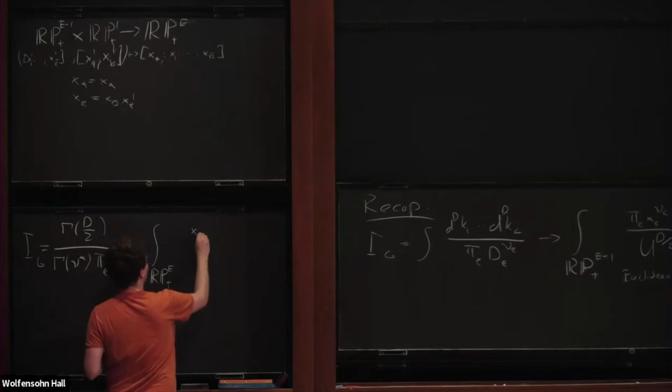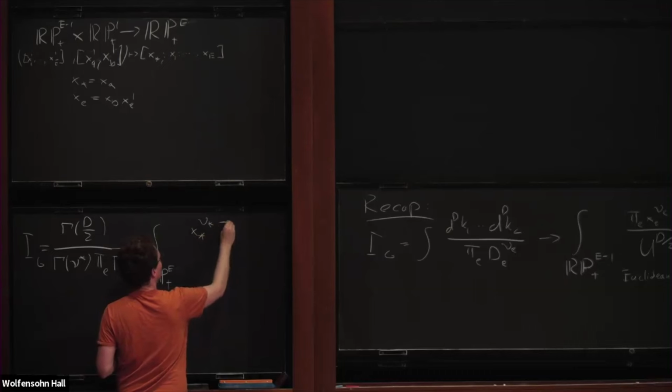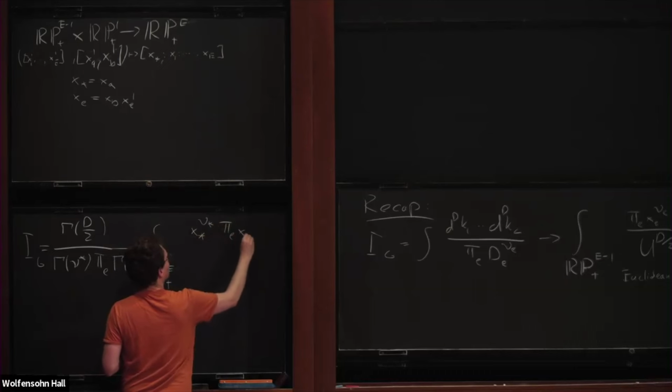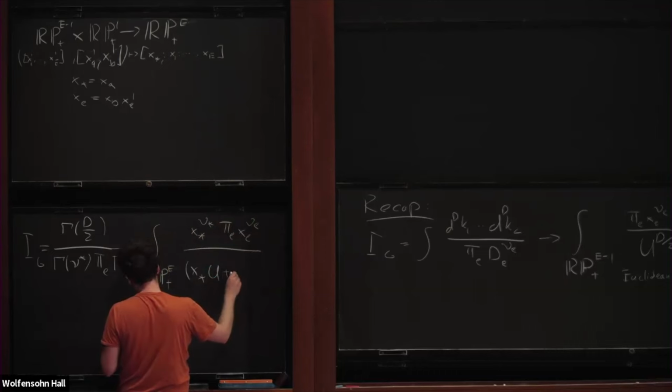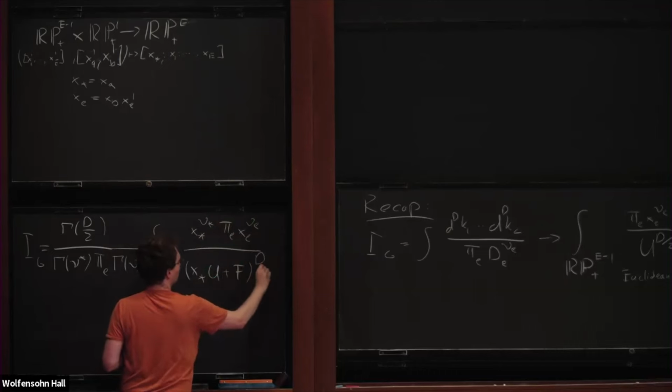And now we have only a single polynomial. This is the advantage in the denominator with this representation. And then the U polynomial is now in the same denominator with the F polynomial.